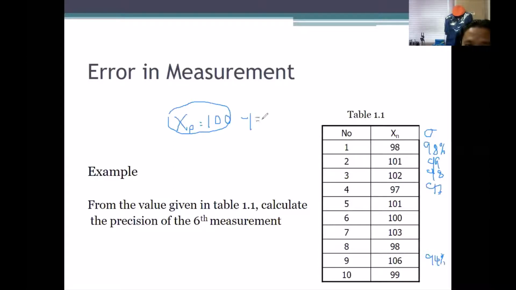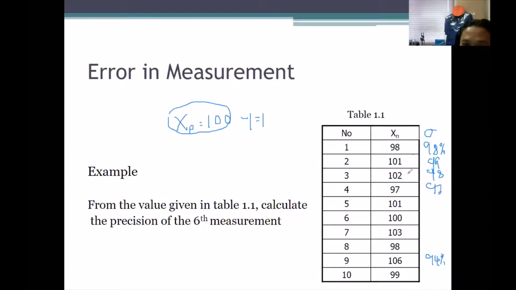So 1 multiplied by 100, then 100 minus 1, that's why the percentage of accuracy will be 99 here for the second measurement.